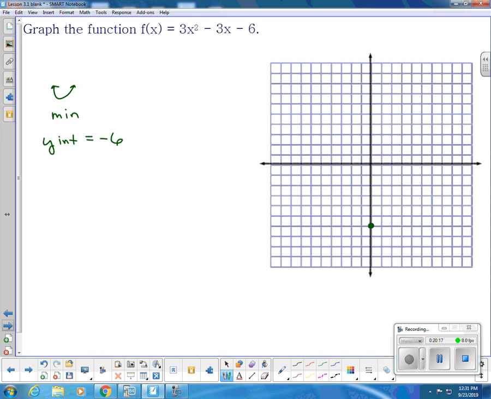So the x part of the vertex is opposite of b, divided by 2 times a. So we have 1/2. And we're going to plug that 1/2 in.